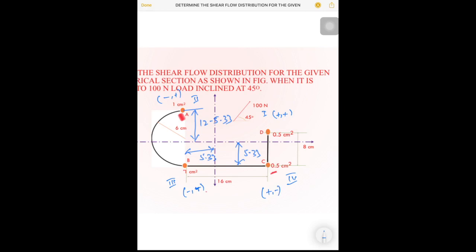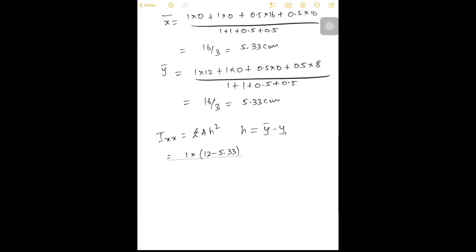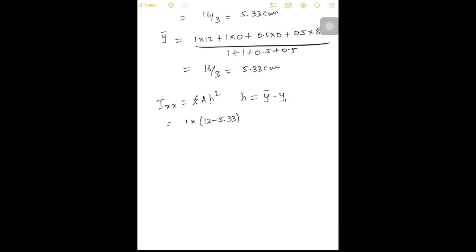It will be very useful when you are calculating Ixy. For Ixx and Iyy, we have a squared parameter, so whatever the sign you have, it will be positive.